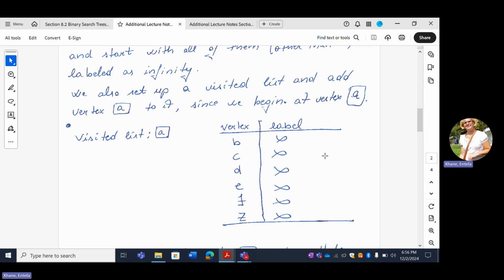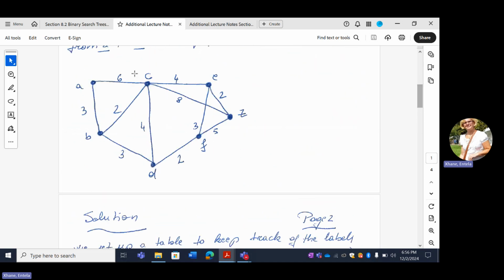We are going to move from vertex A to B and then update the label of B, right? If I go back to the graph, I notice that from A, I can move to B, and then I can move to C, all right?